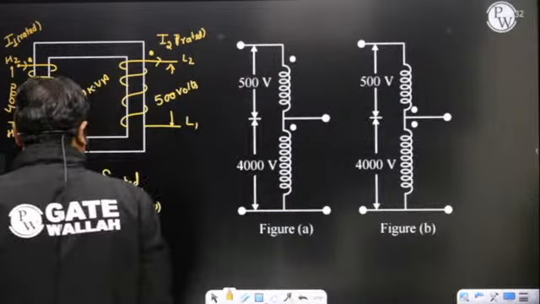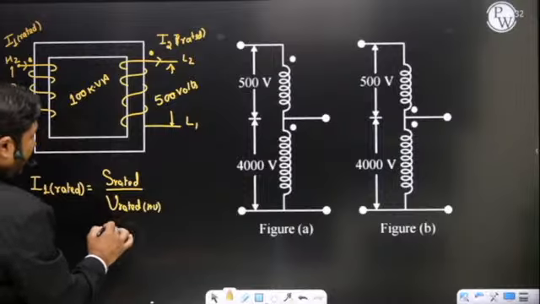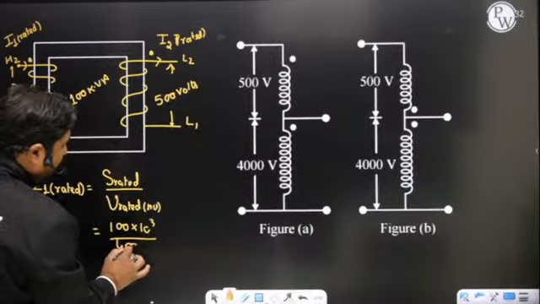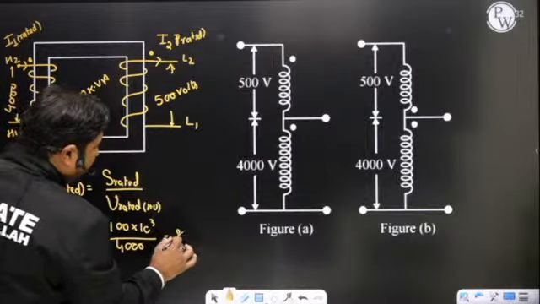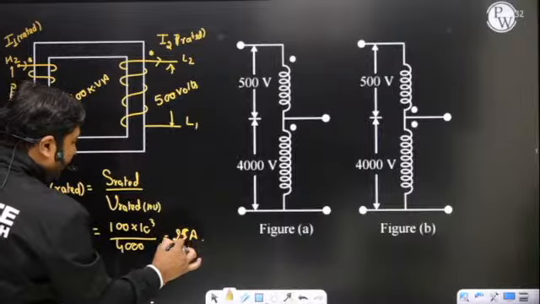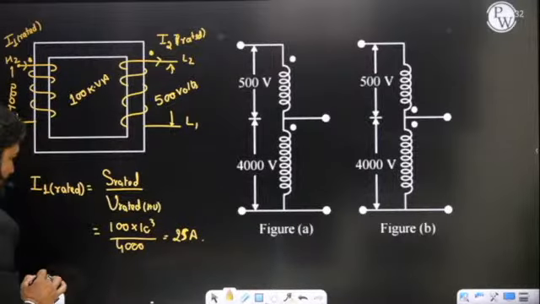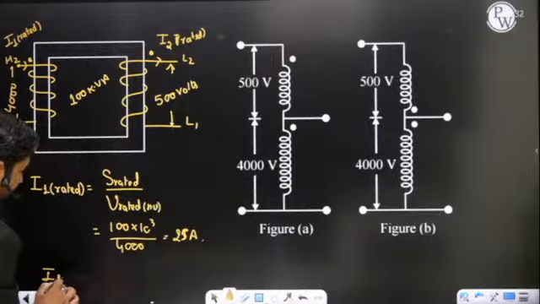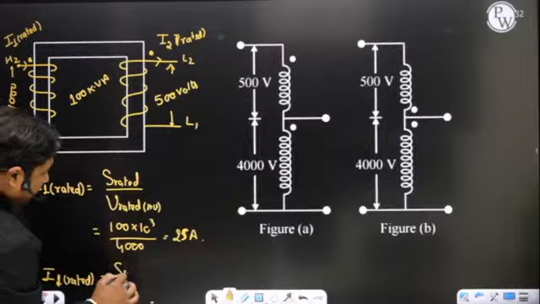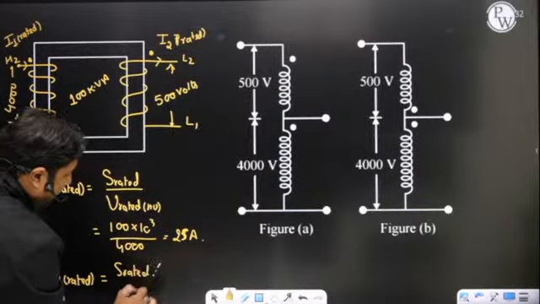So, what is the rated value? Rated primary current will be 100 kVA by 4000, so this is 25 ampere only. Great, sir. It means the primary winding thickness is such that it can withstand up to 25 amperes. And what about the secondary? Secondary rated current is rated kVA divided by rated voltage.